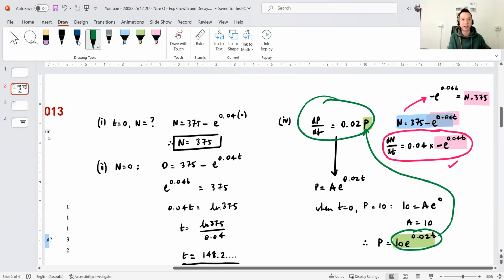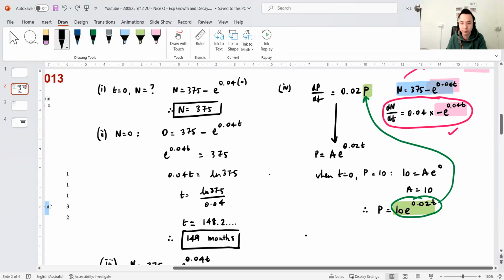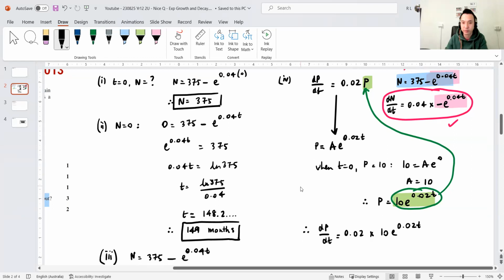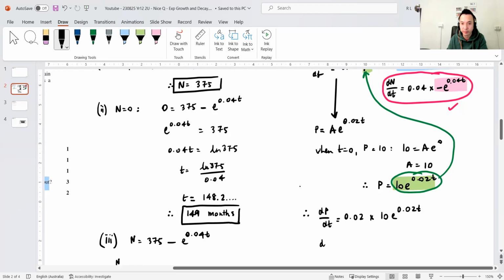So sub that in. Let's see what we get. dP/dt equals 0.02 multiplied by 10e^0.02t. So simplify that, dP/dt equals 10 times 0.02, so 0.2e^0.02t.